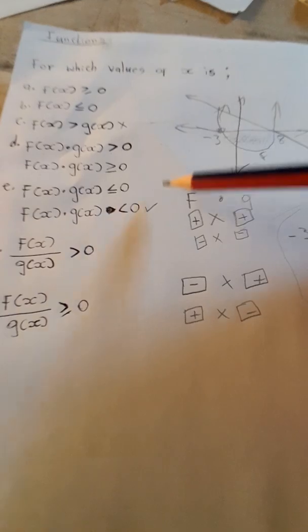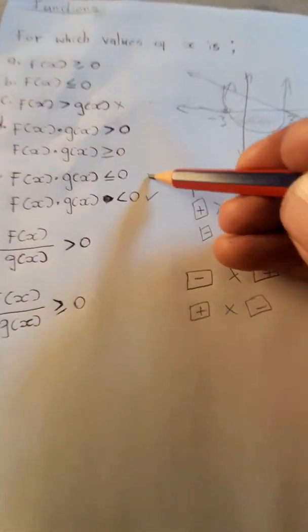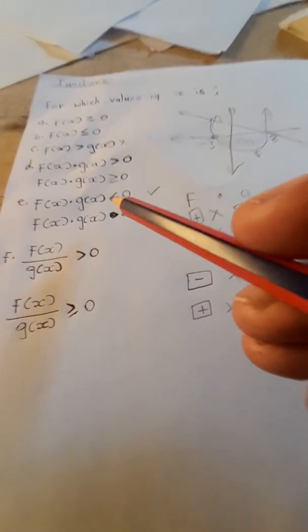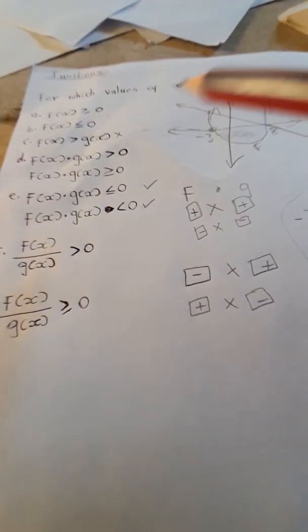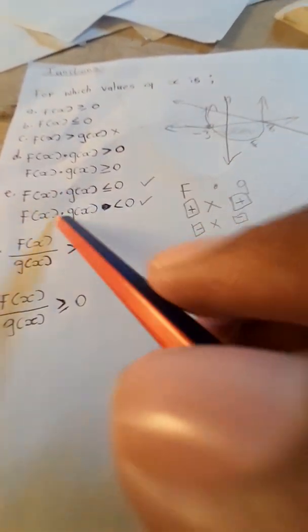Going back to this now. For this to be true, remember there's an equal sign here, for which values of x is f of x times g of x less than or equal to 0?